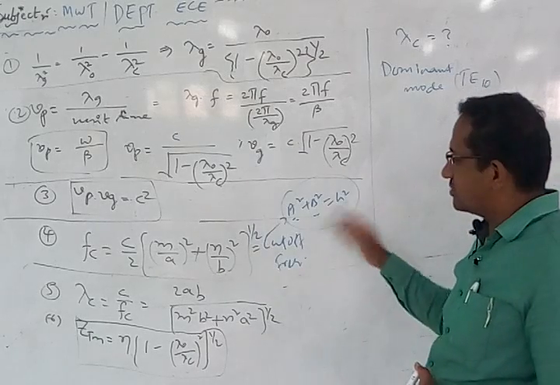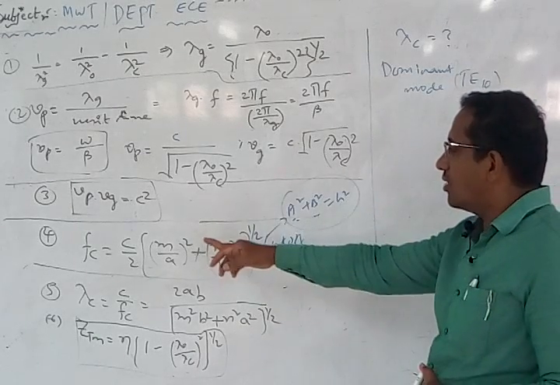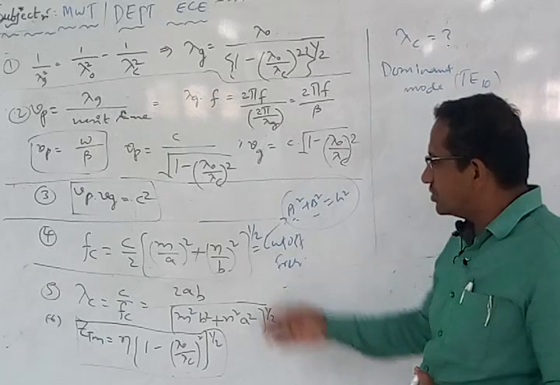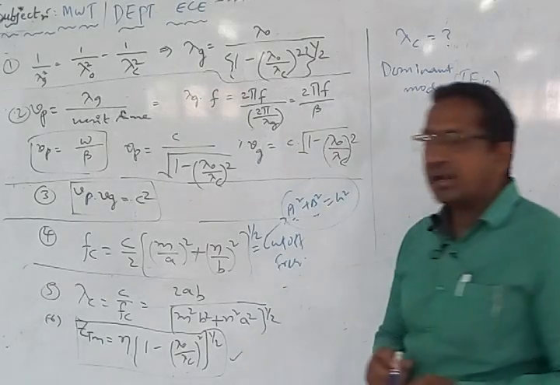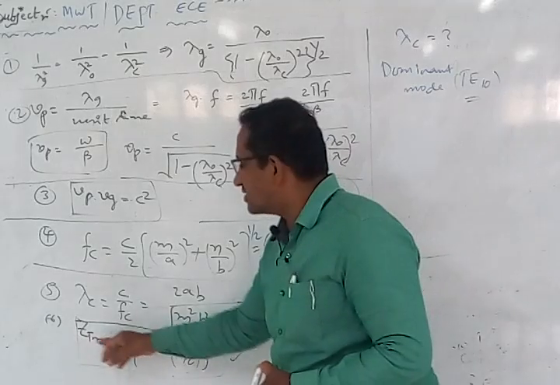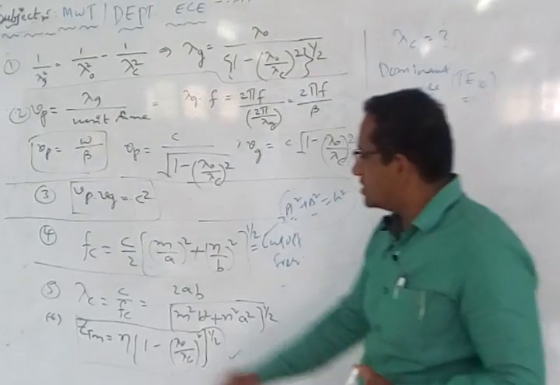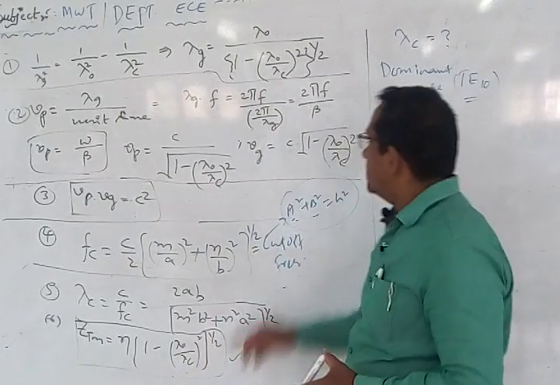By substituting all the values, we got this fc value. We substitute the fc value, and finally we get the equation for the characteristic impedance. ZTM is known as the characteristic impedance, which is equal to eta times the square root of 1 minus, once again, the same factor.